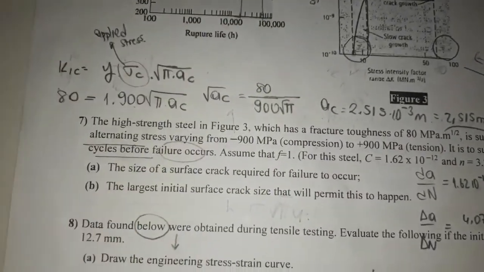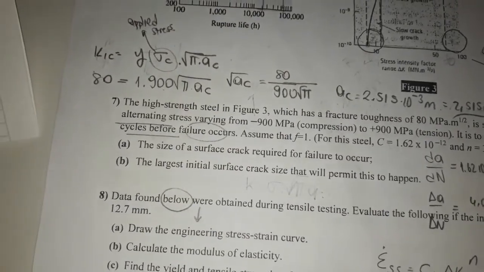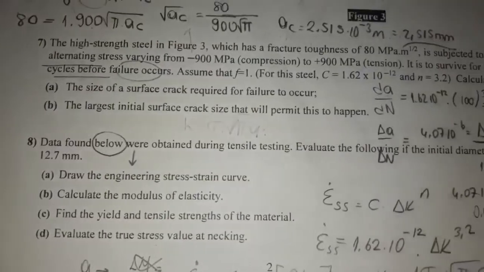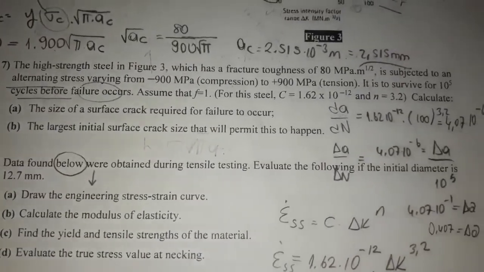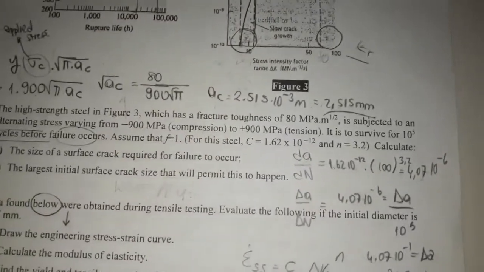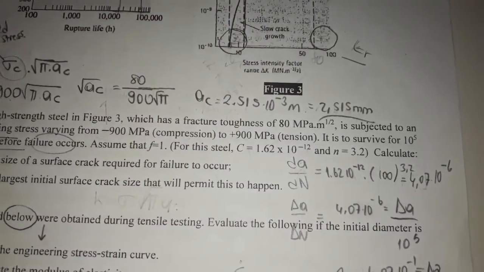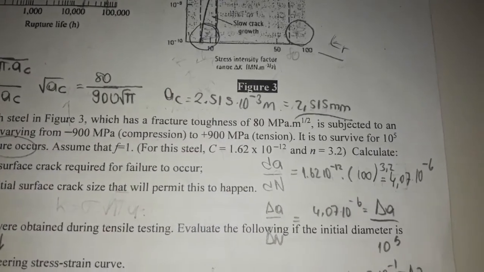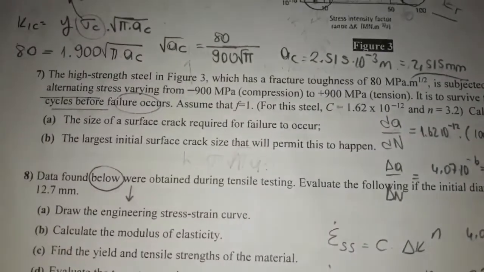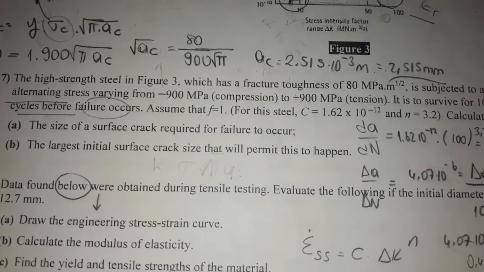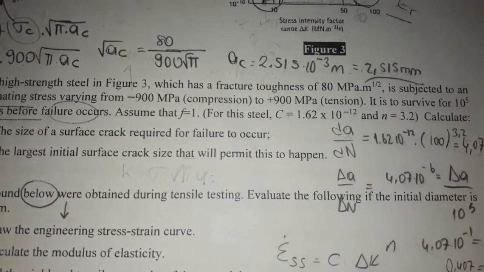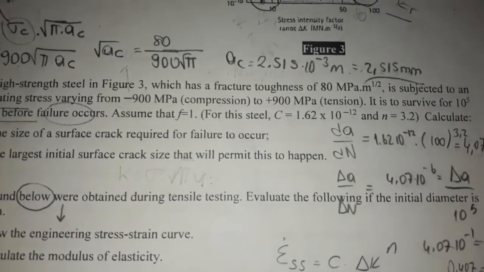So we explained the parts, and the quick example is, let's read it. A high strength steel in figure 3, which is this, which has a fracture toughness of 80 megapascal times square root of meters, is subjected to an alternating stress varying from minus 900 megapascal compression to plus 900 megapascal tension.